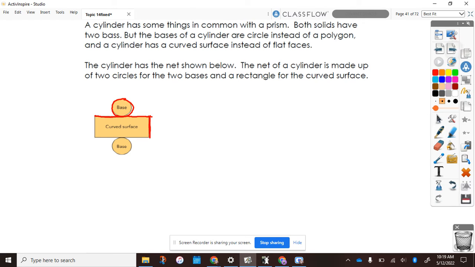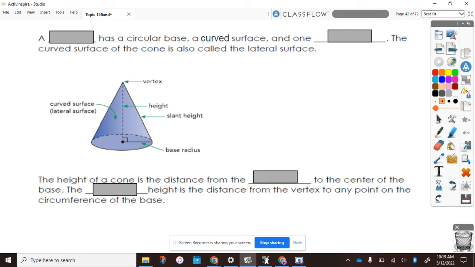Moving on now to talk about cones, and that's what's going on here. A cone has a circular base, it has a curved lateral surface, and one vertex up at the top. For all intents and purposes, as we talk about cones later on this week, you will see that a cone is basically the same as a pyramid. It just has a circular base.